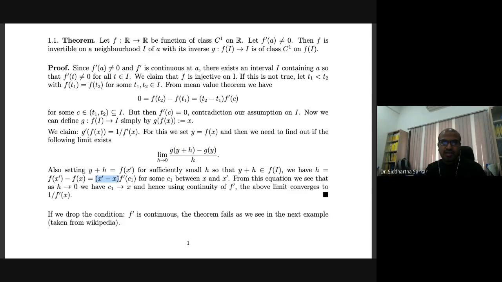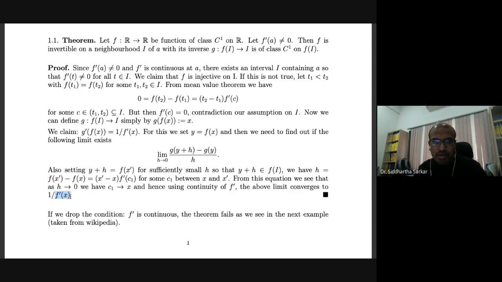So this turns out to be the limit of 1 upon f prime c1. Now c1 converges to x, and I know already f prime is continuous. So then this 1 by f prime c1 should converge to 1 by f prime x. Again, there you're using that f prime x is non-zero.